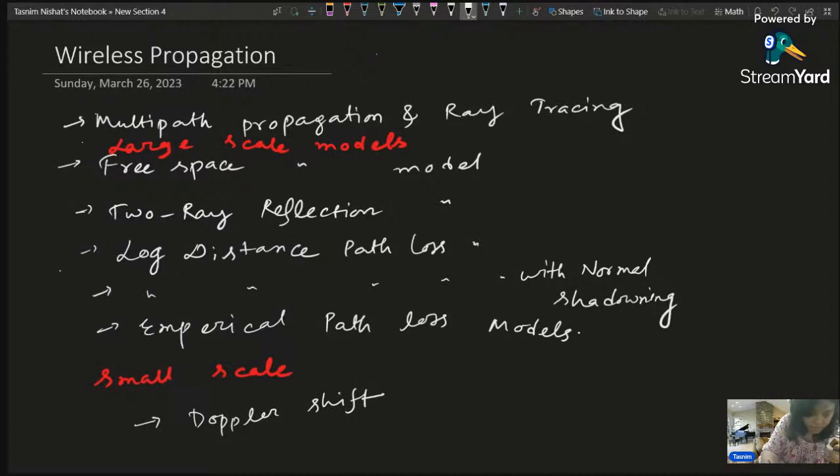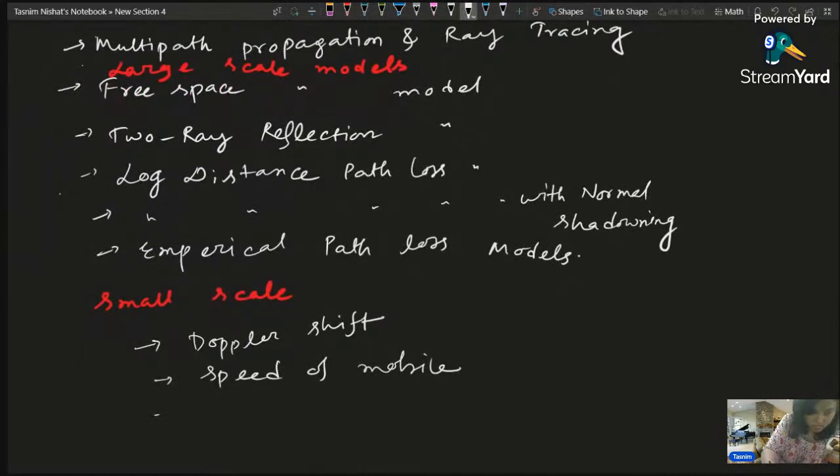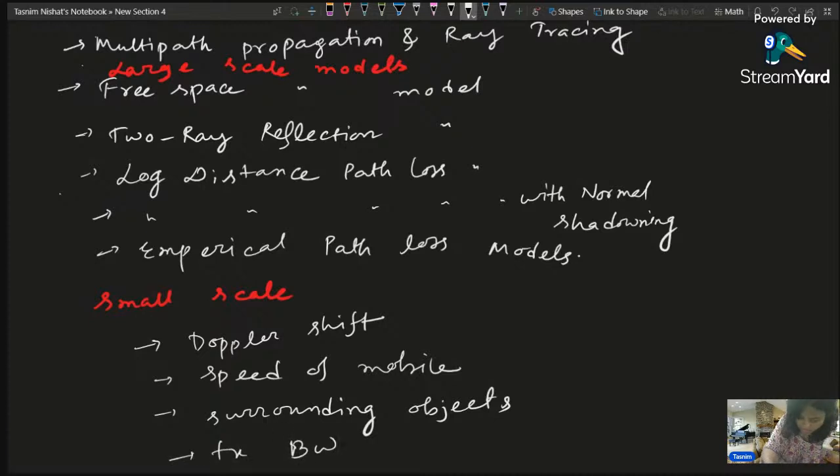Doppler shift, speed of mobile, surrounding objects, transmission bandwidth of signal.